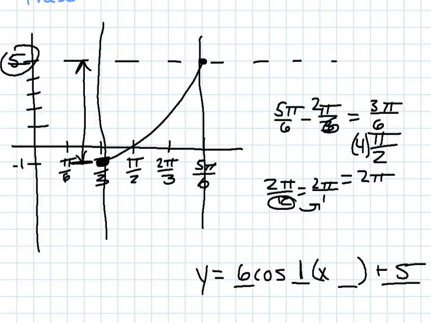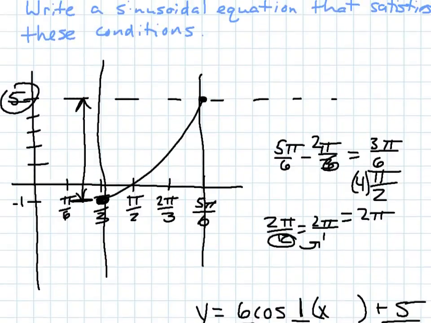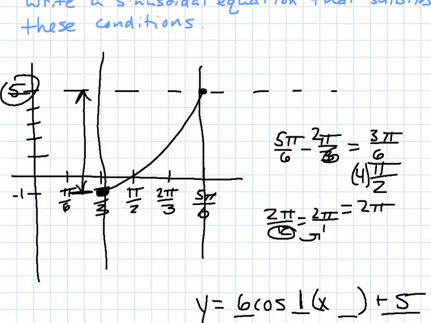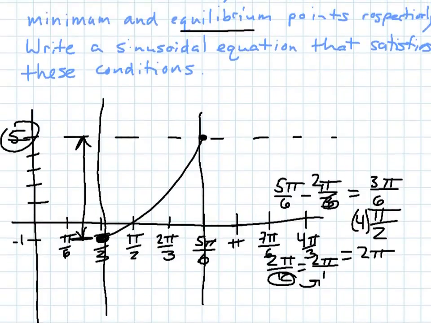Okay? Now, to figure out my phase shift, since we're doing positive cosine, I need to figure out where the top is. So going another pi over 2, so that would be pi, that would be 7 pi over 6, and then this would be 4 pi over 3, would be the next top, so that would be at 11, all the way up here somewhere.